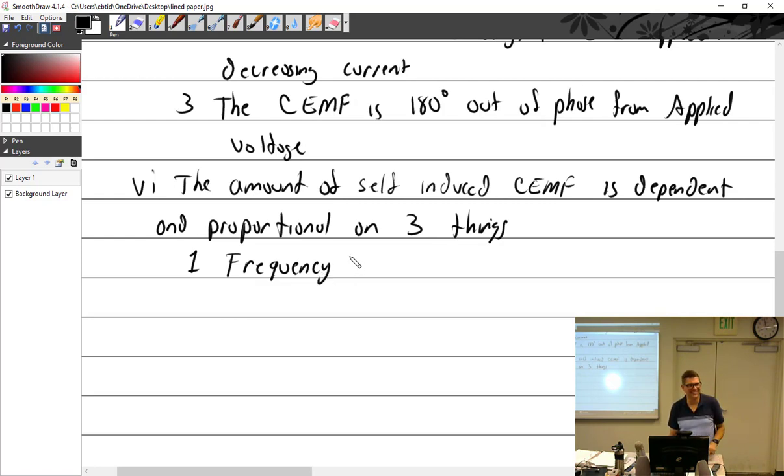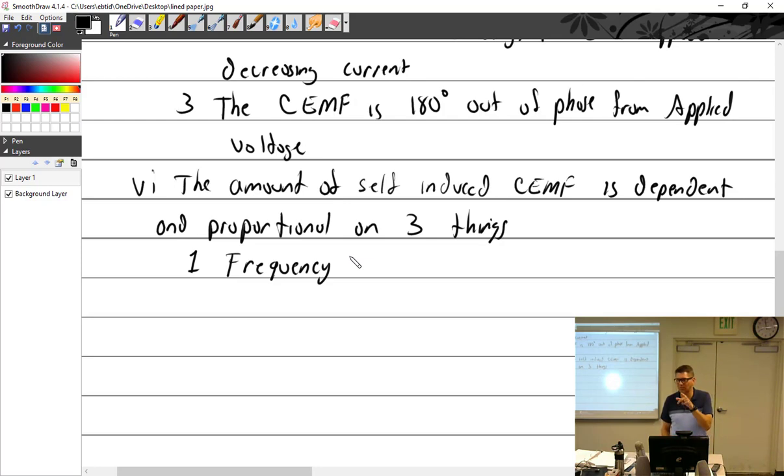So if change is a key factor, right? If we have DC, we have no change except for the on and the off, but AC produces this constant effect. Frequency is the number of cycles per second. Do you think more cycles per second is going to increase the problem or decrease the problem?